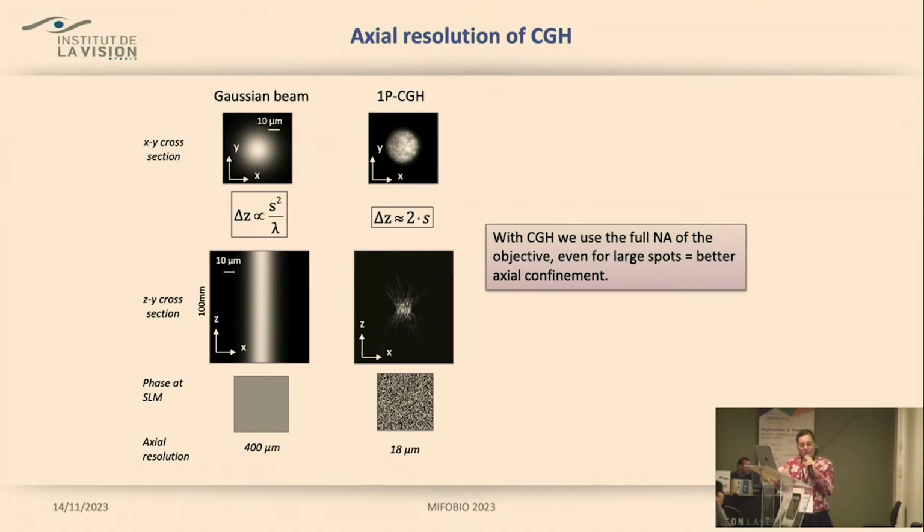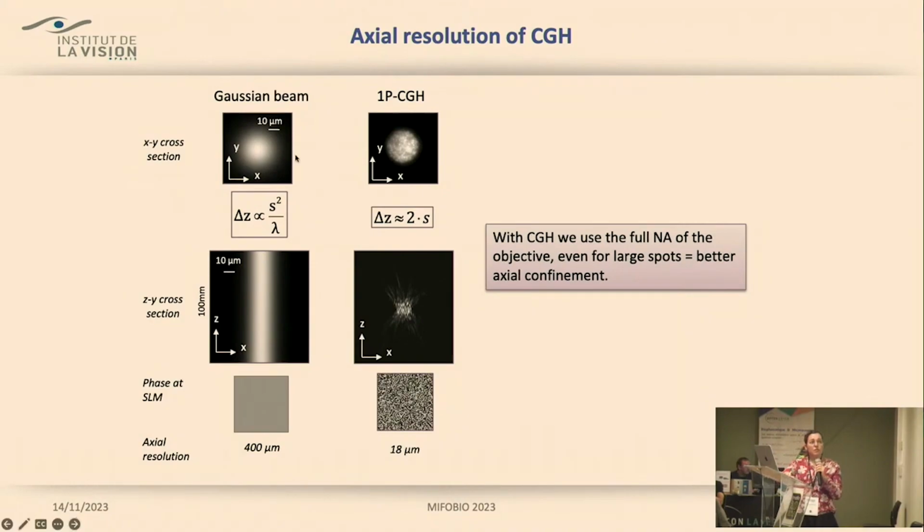So the advantage of these holographic beams is that because we do phase modulation, we always illuminate the back aperture of the objective in a steady way. So this means that we can always fill the back aperture of the objective. So comparing, if we wanted to generate the same extended pattern, usually for neurons, we do spots with diameter 10 to 15 micrometers.